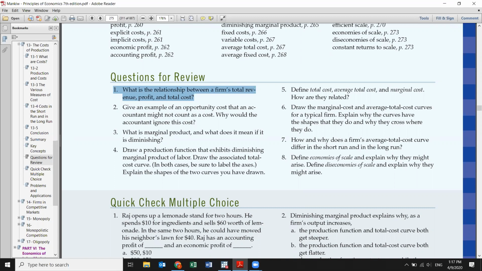If we write the equation itself, profit is equal to total revenue minus total cost. This is the relationship between these variables.